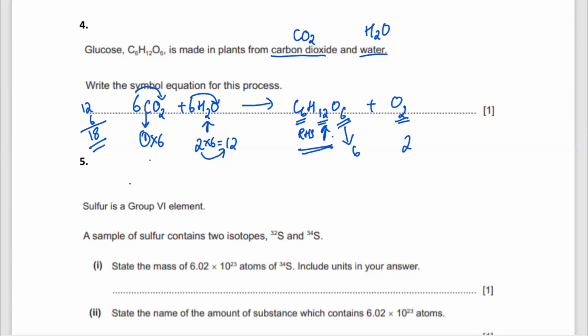So we will add it to oxygen. To make it 18, 18 minus 6 will be 12. Now we have to have 12 oxygen atoms from the oxygen molecule. We can get that by multiplying this oxygen molecule with 6. So it becomes 12 and the equation becomes balanced. The balanced chemical equation is 6CO2 plus 6H2O gives 1C6H12O6 and 6O2.